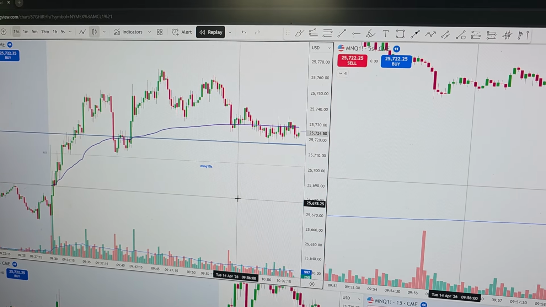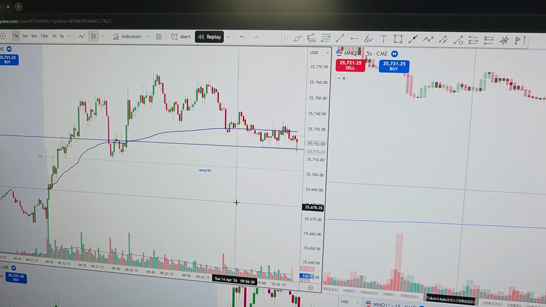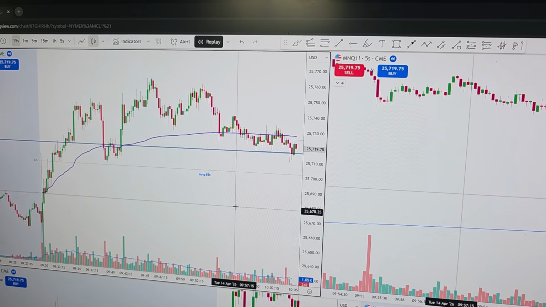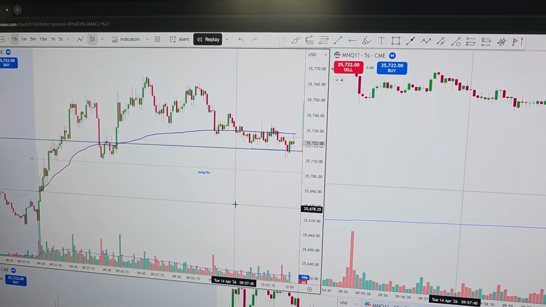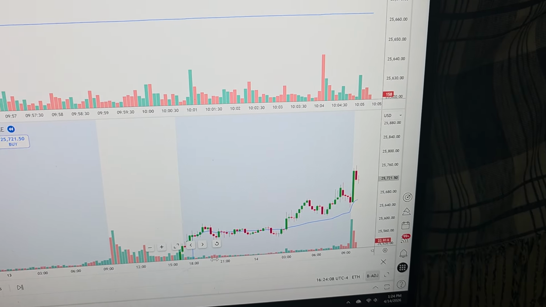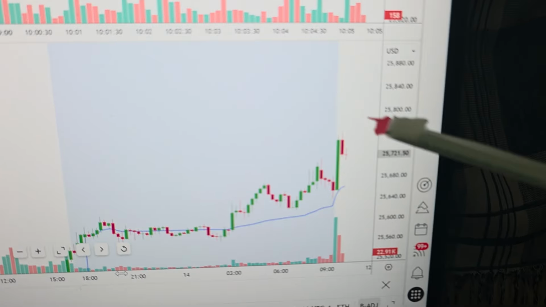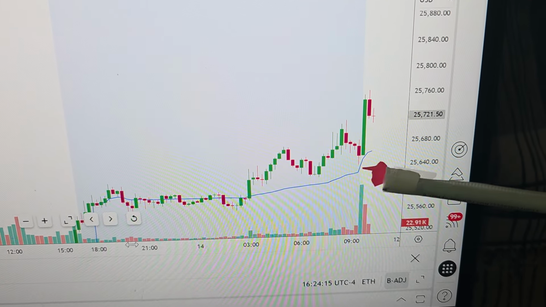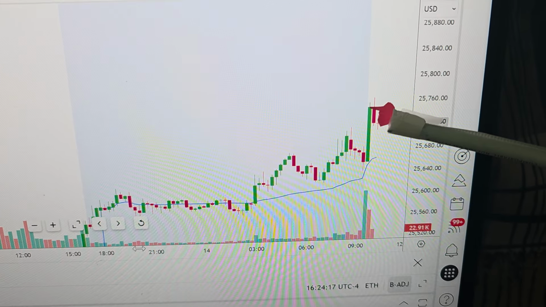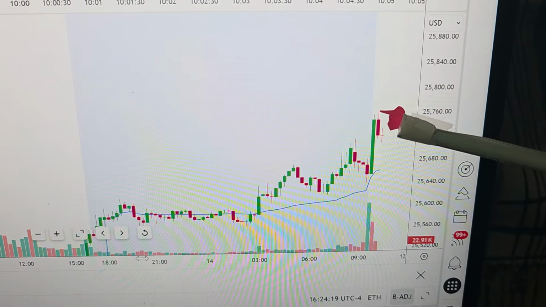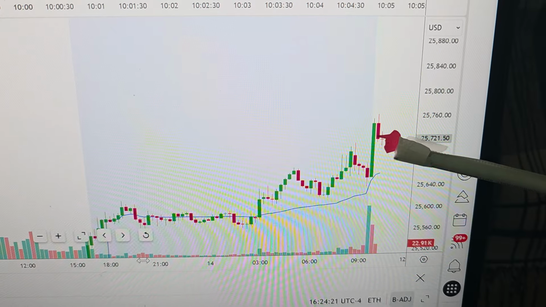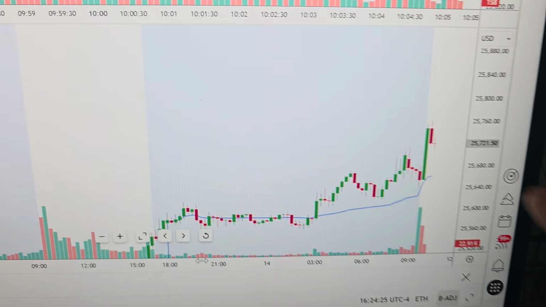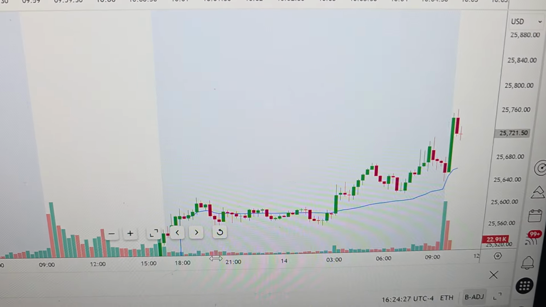So, in terms of how the 15-minute would have looked in real time, it is as such. This swing low, this chat candle continues to make a high, and then the rest of this becomes the pullback. And this is the point of interest.